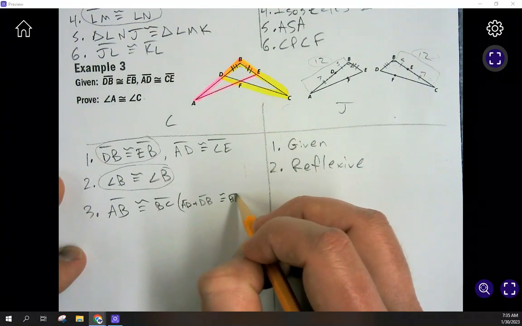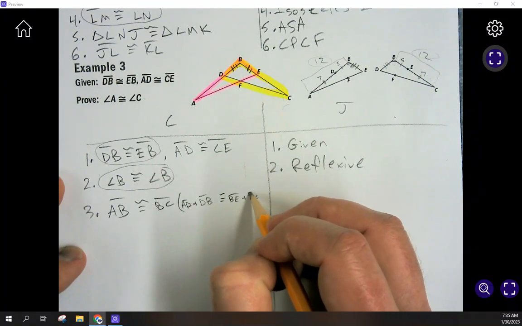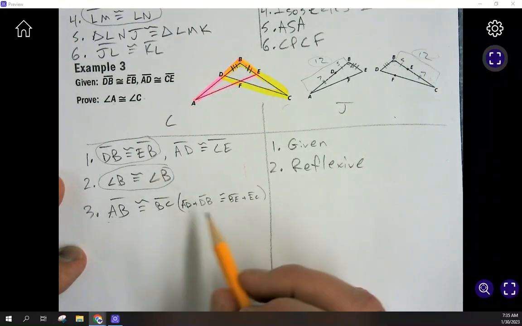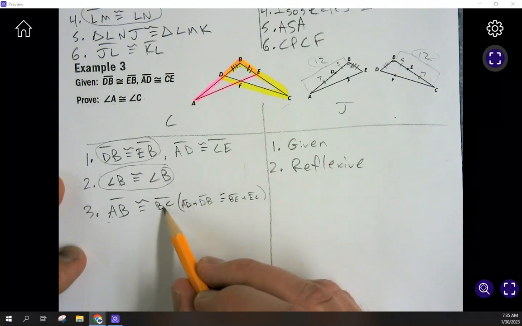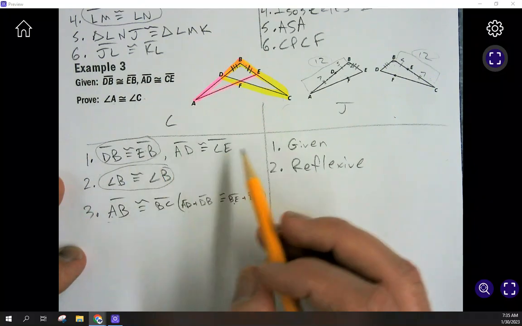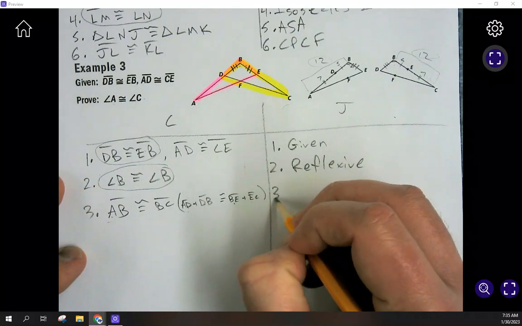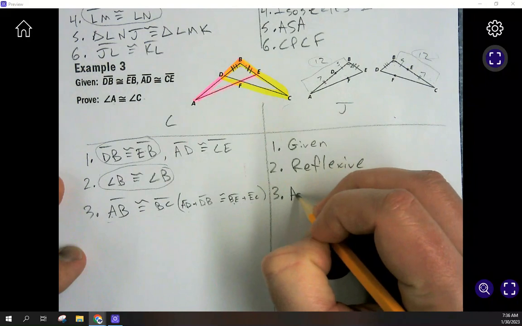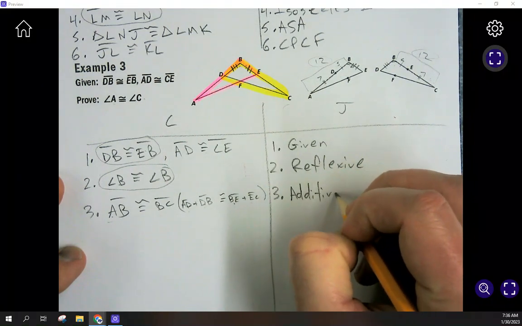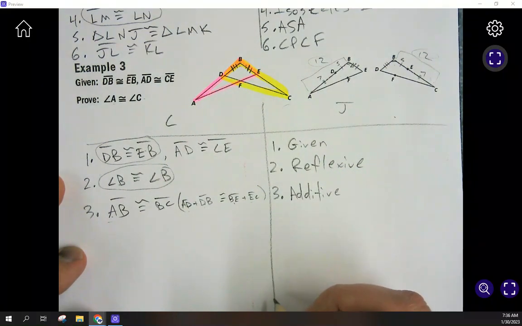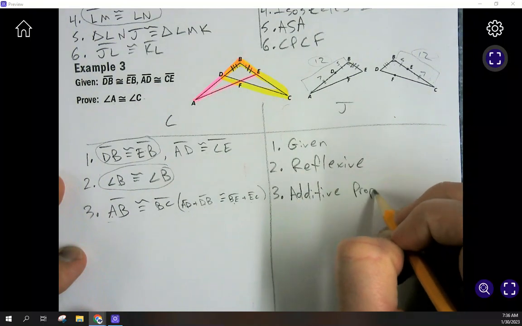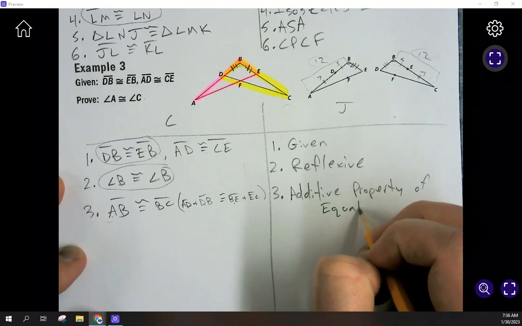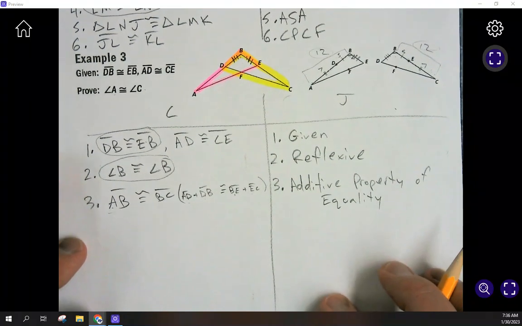So BE plus EC. So I'm recreating this, just showing that AB came from these two added together. BC came from these two added together, which we've already shown are equal to each other. So if I add them together, I've got two equal pieces. And that is a very simple one to remember. And actually one we've talked about before, not in these triangle proofs, but that is the additive property of equality. And if you just said the additive property, that is good enough for me.